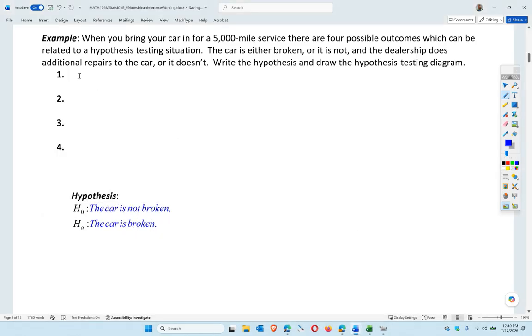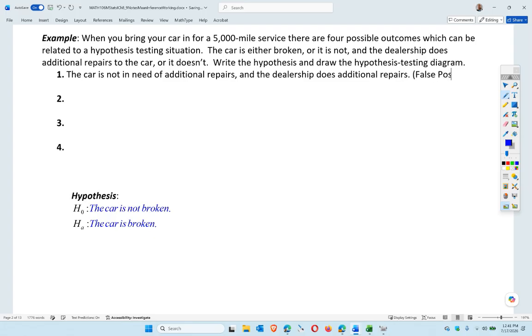So scenario 1 would essentially be the car is not in need of additional repairs, and the dealership does additional repairs. Well, that's not good. So that would be a false positive, right?